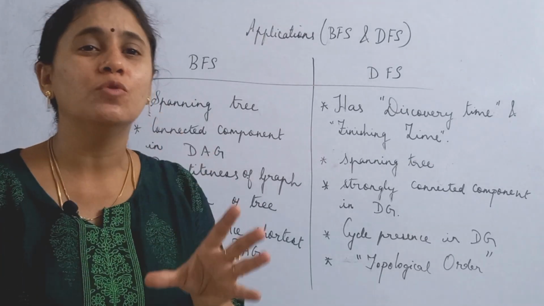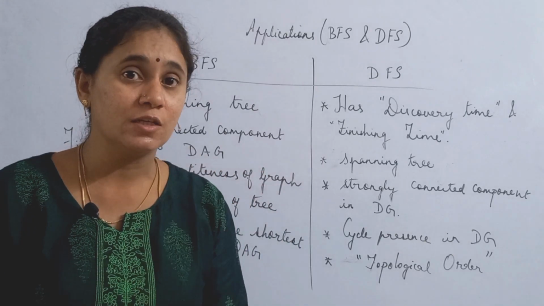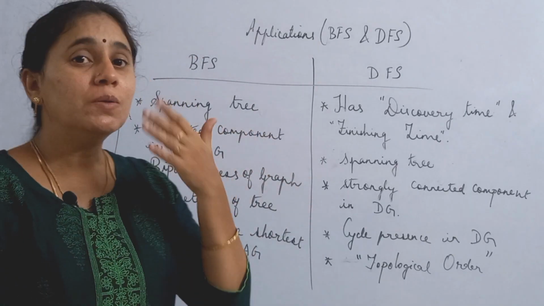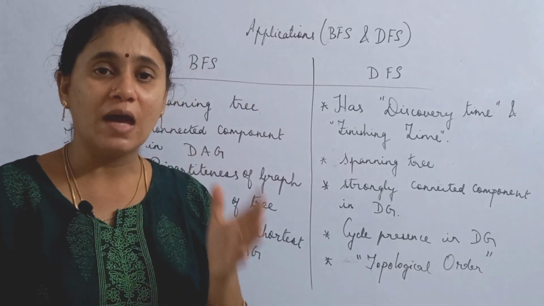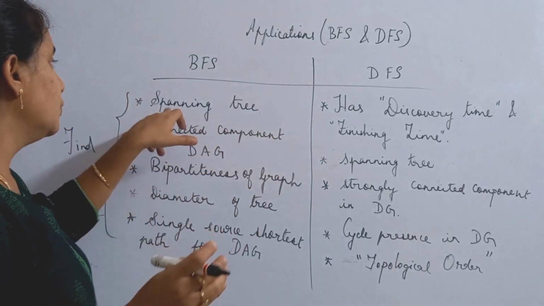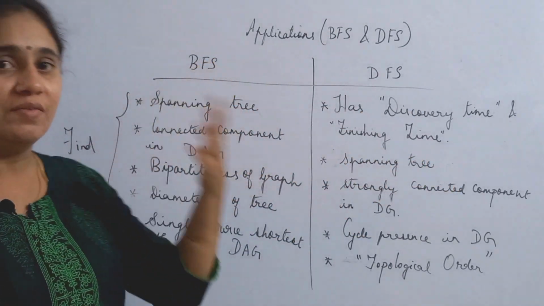That minimum cost is nothing but minimum weight, which we are going to discuss in the future under weighted graphs. So the minimum cost which I need to travel from one source to destination, we are going to use it in a spanning tree. For this, BFS is really very useful.